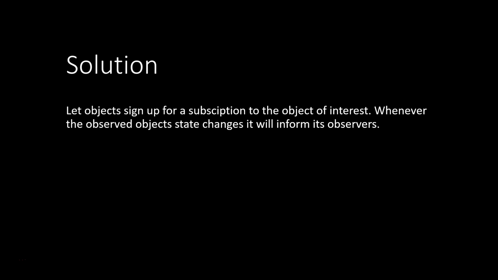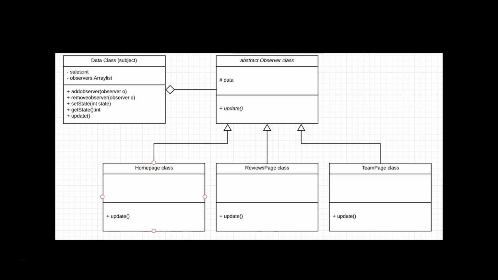So the design looks like that. We have a data class, which is the subject, and it has some state. In this case, we're gonna say it's an int called sales, just a sales number. Then we have a list of observers, and then we have a whole bunch of management methods here to get the state, set the state, remove and add observers, and then the very important update method.